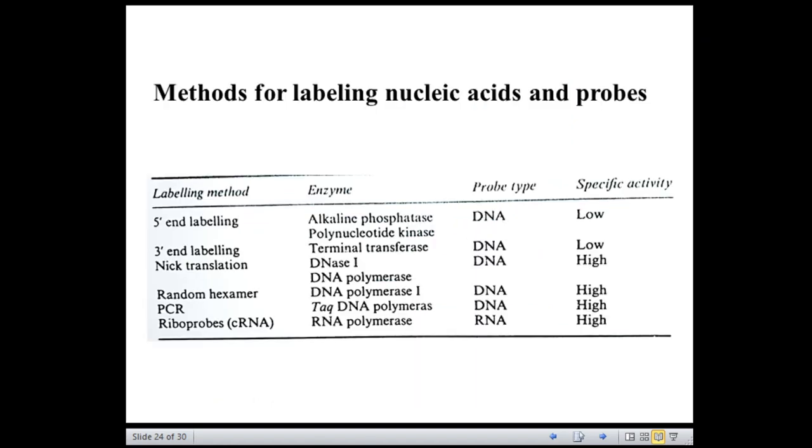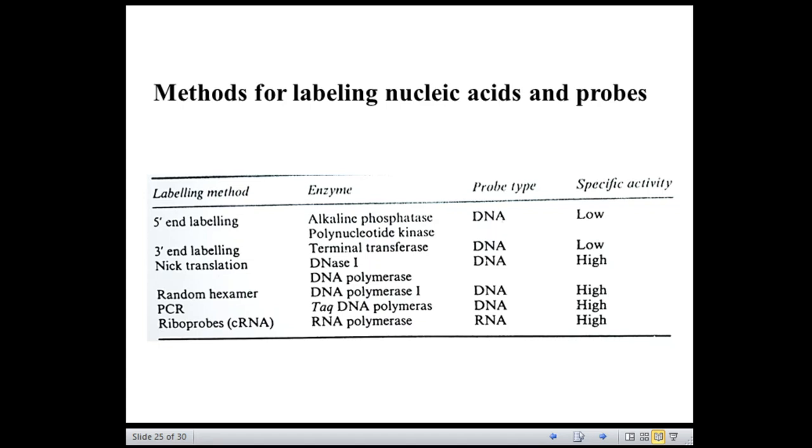Next, we will try to understand an important concept, the labeling of probes. With respect to the curriculum, we have discussed cloning vectors, especially plasmids, phagemids, cosmids, and yeast cloning vectors.